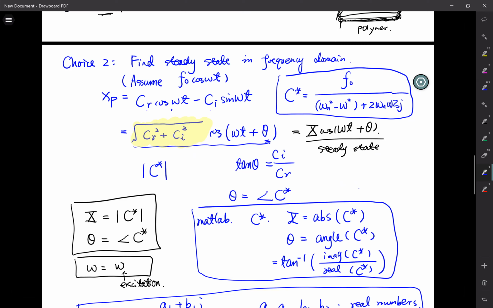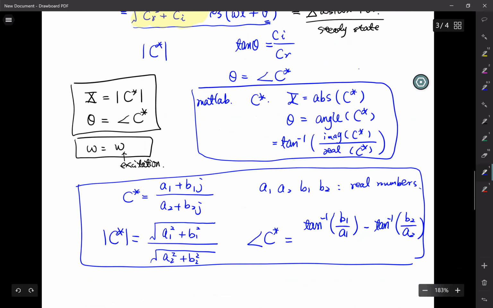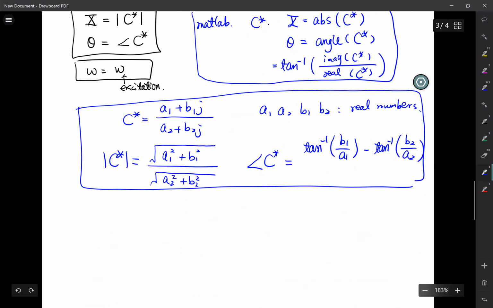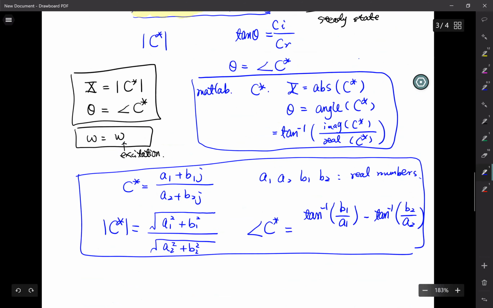But it has nothing to do with initial conditions. Your C star won't be changed no matter how you apply your initial condition. All right. So any questions about this steady state?